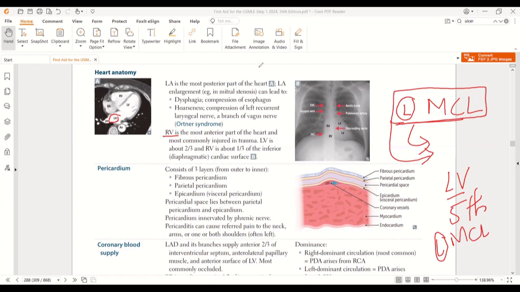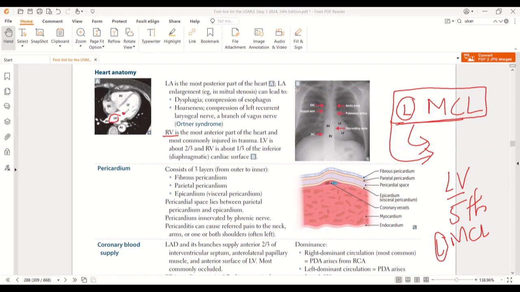Another high yield thing is the left atrium is the most posterior part. This radiology picture shows that the left atrium is the most posterior part. In mitral stenosis, the mitral valve is present between the left ventricle and left atrium.